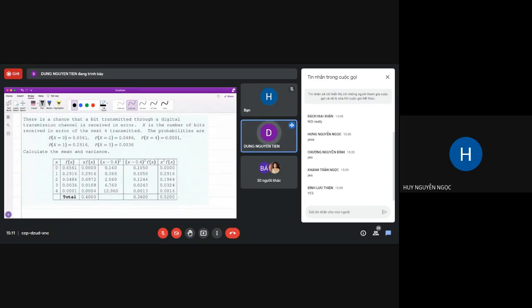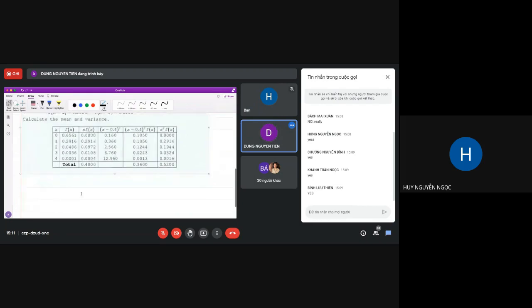You have the following probability mass function, and then you come up with this table. We already showed how to get all these values, right? 0.4 is the mean of x, and 0.36 is the variance of x.